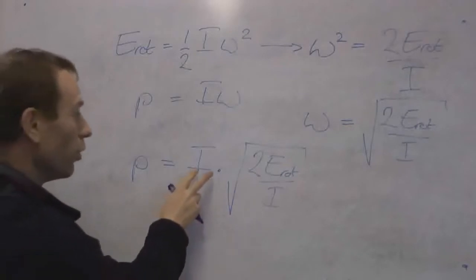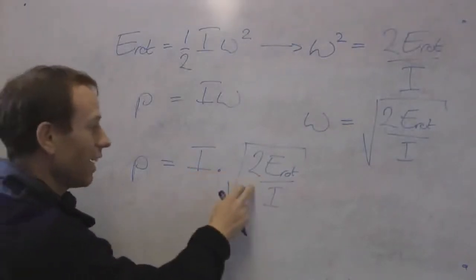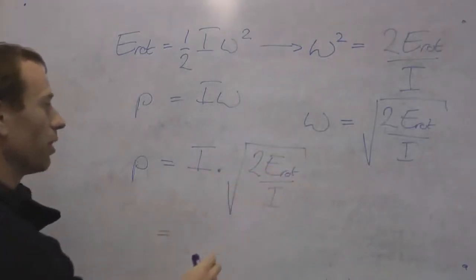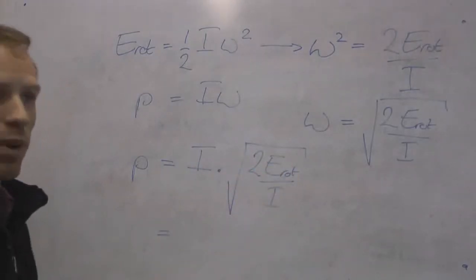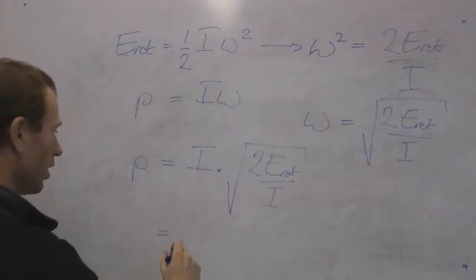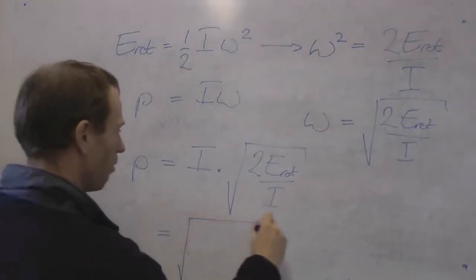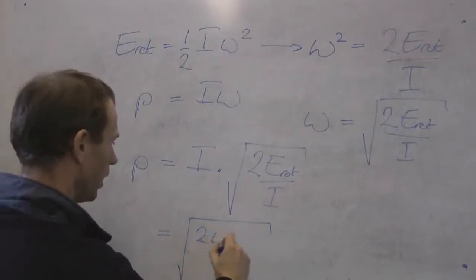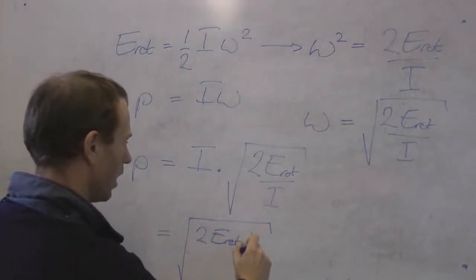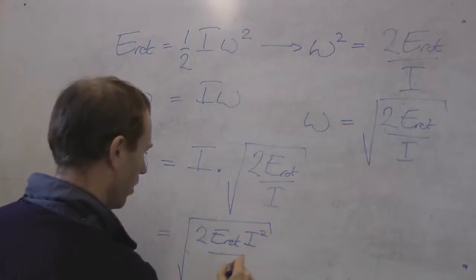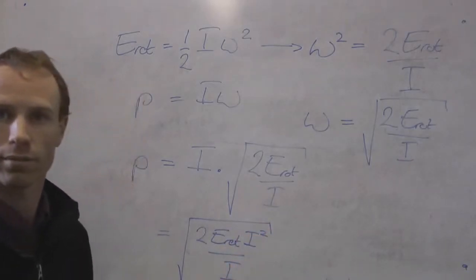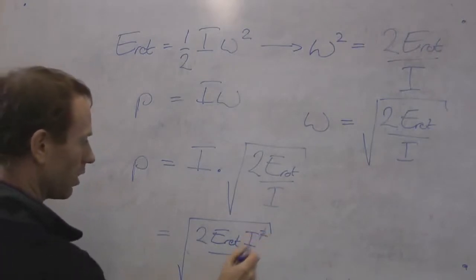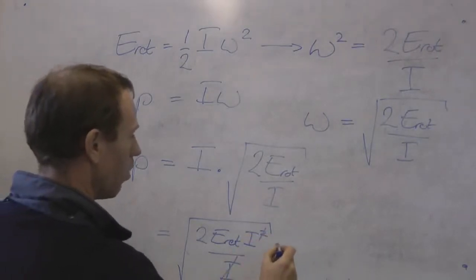Now, what we can do is take this I inside the square root sign, and if we do that, we'll need to square it, because the square root of I squared is I, so that's what we want here. So we can rewrite this as the square root of 2 E rot I squared upon I. And now if we cancel out the I squared and the I, we get what we wanted.